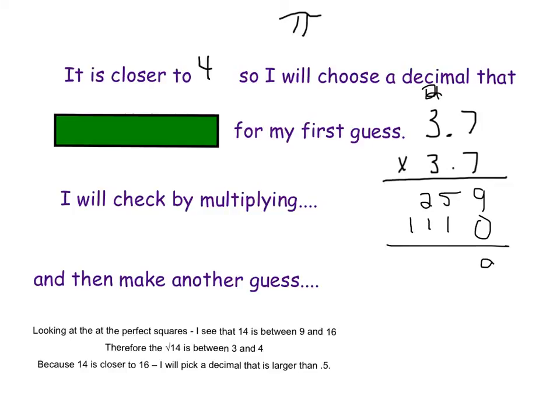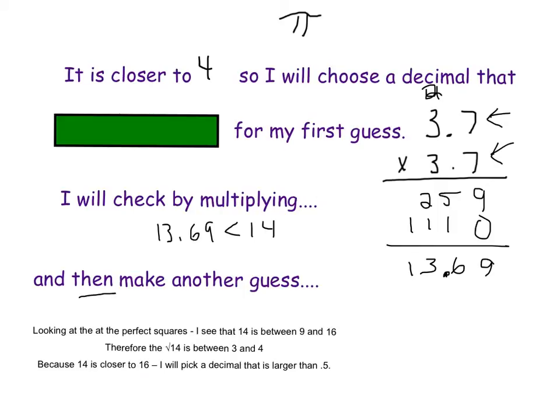I'm going to add down, and there are 2 places after the decimals in the problem, so there's going to be 2 in the answer. So 13.69. 13.69 is less than 14. So I'm wondering if I can get closer if I make another guess.